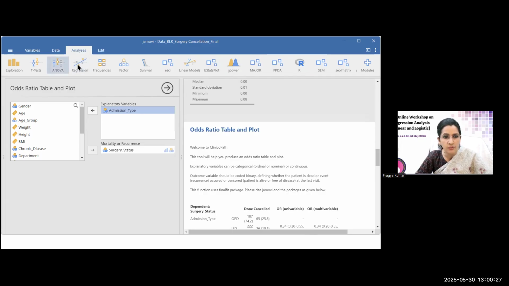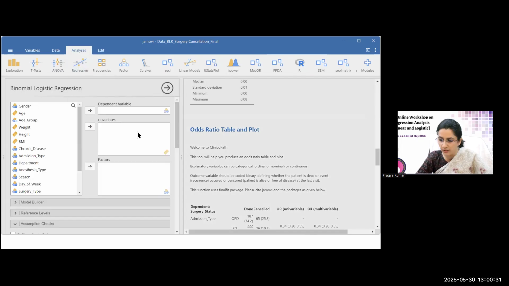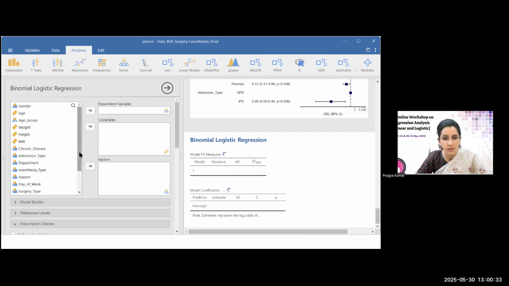I'll go to regression, binomial. Why did it get missed? You are right. Let me check once again. So this is my surgery status. And admission type is categorical. I'll put it here.